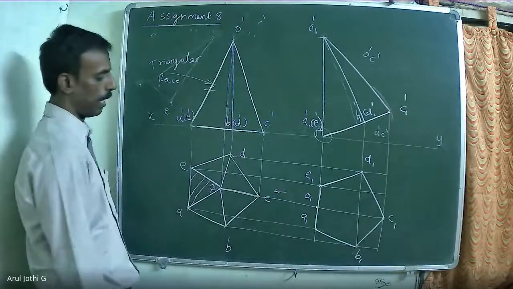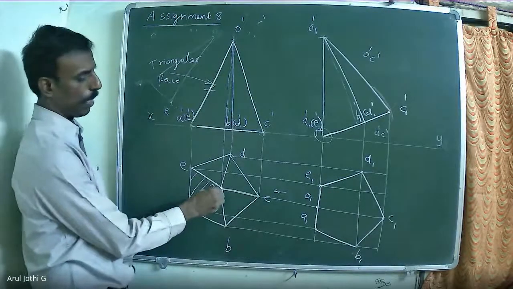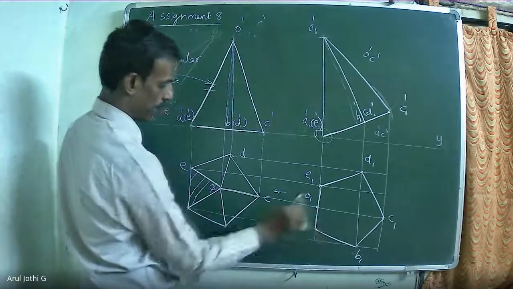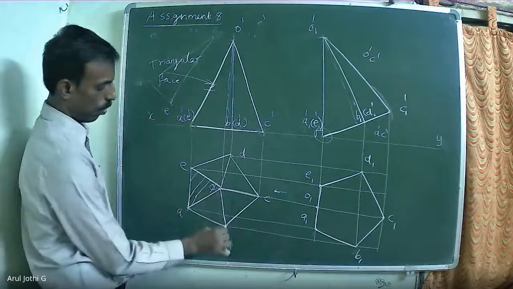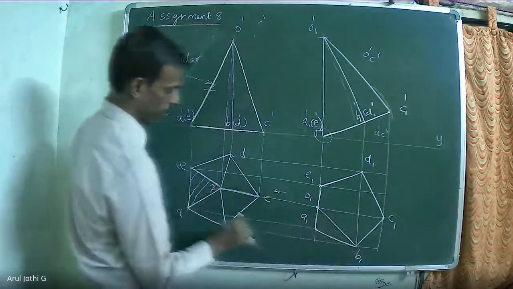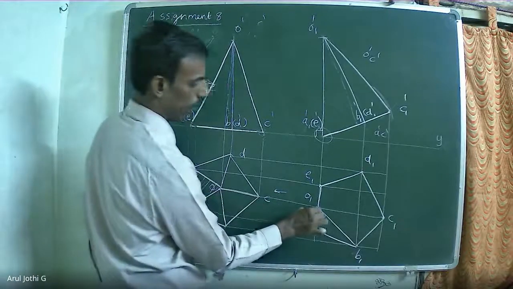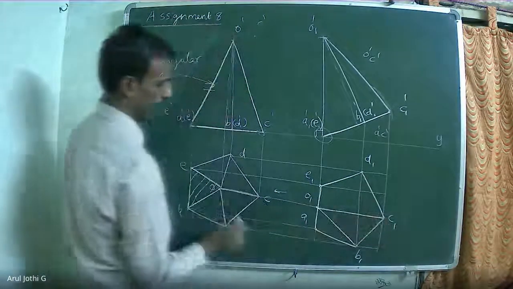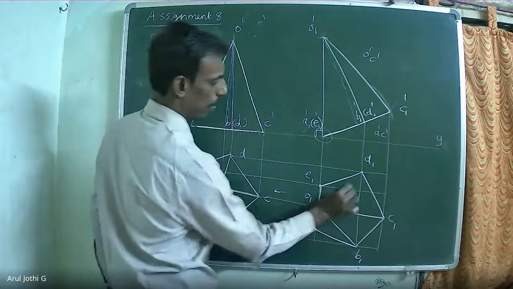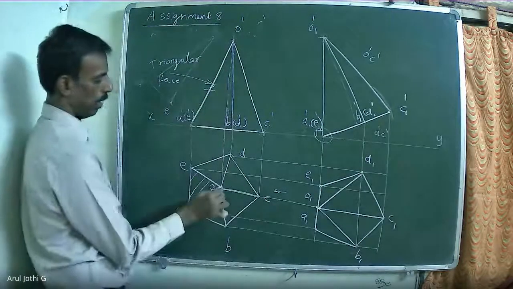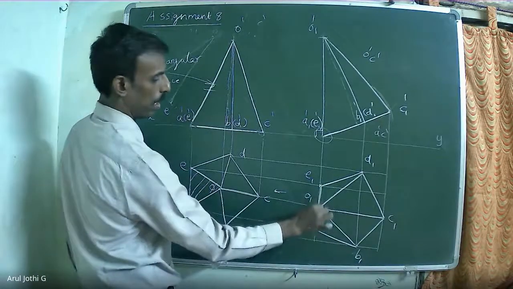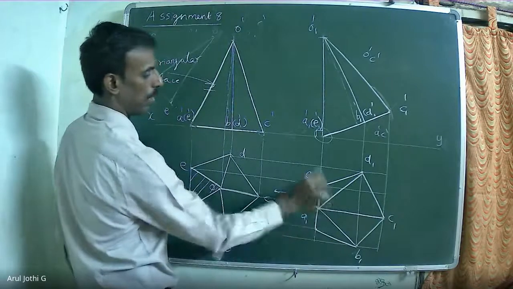How to join the slant edges? The apex point O is connected with A. Now join O to A. Then OB, connect O to B. Then OC, connect O and C. Then OD, join O to D. Then join O to E. This OE you have to join like this.